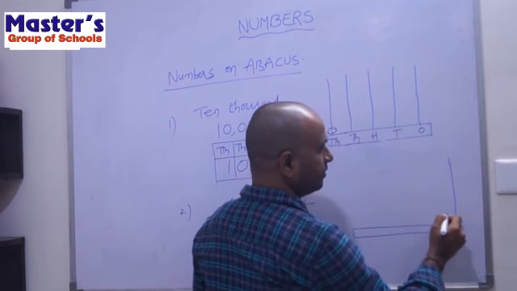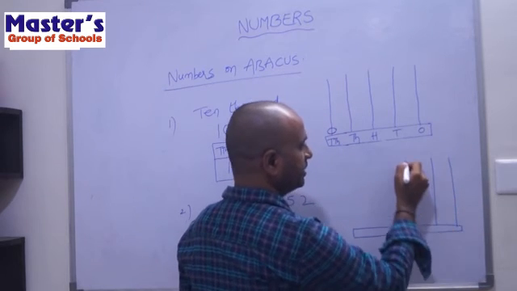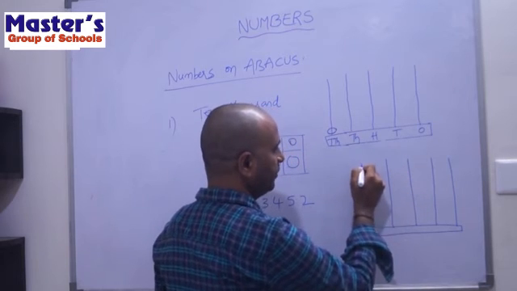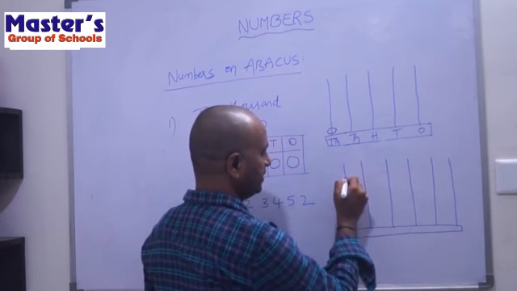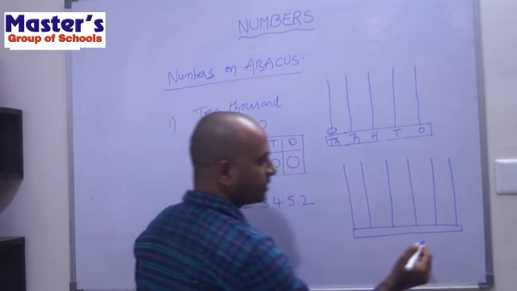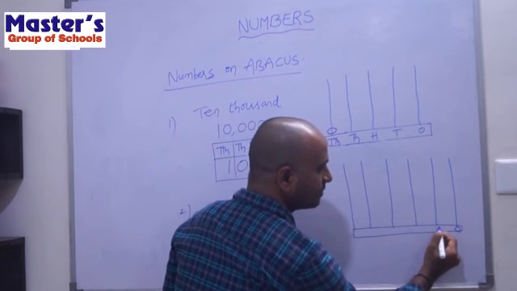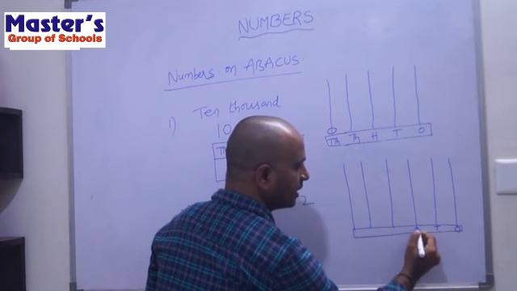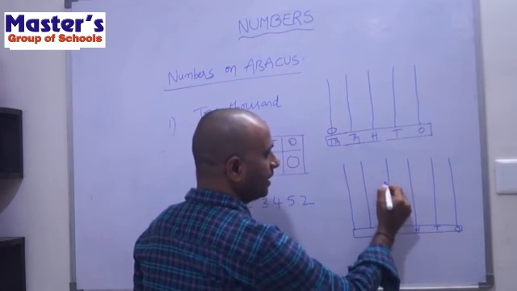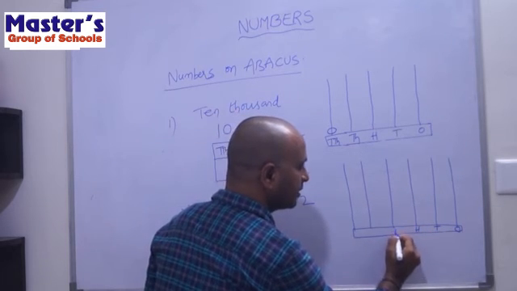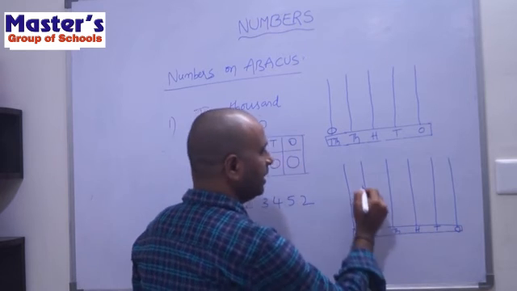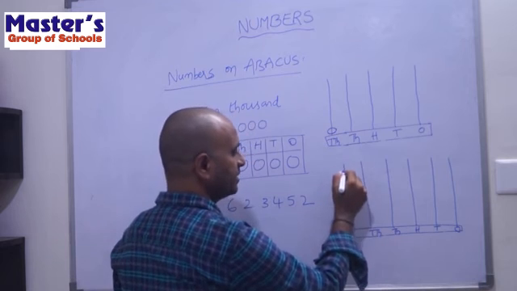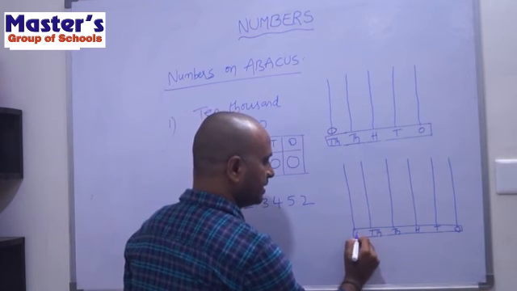This is the first stick, second stick, third stick, fourth stick, fifth stick, and this is the sixth stick. The first stick represents ones place, second stick tens place, third stick hundreds place, fourth stick thousands place, fifth stick 10,000s place, and sixth stick lakhs.